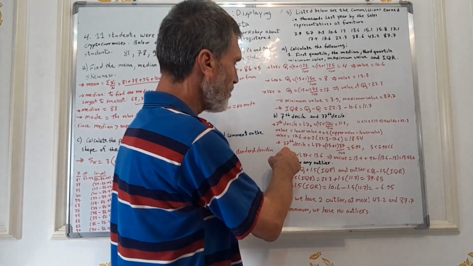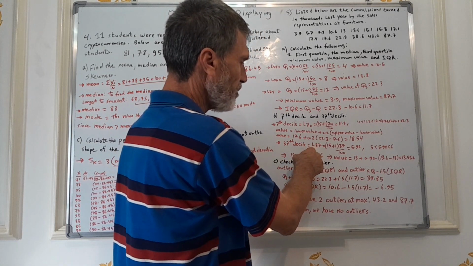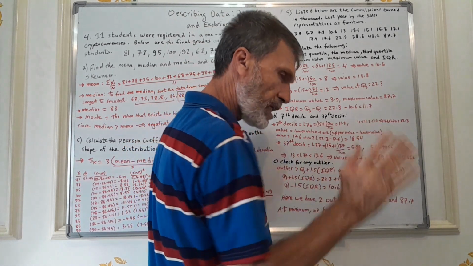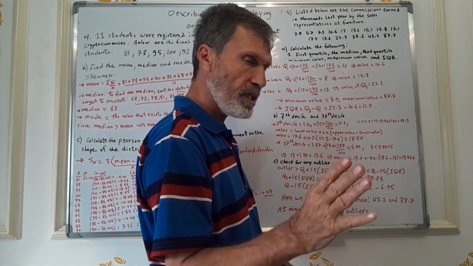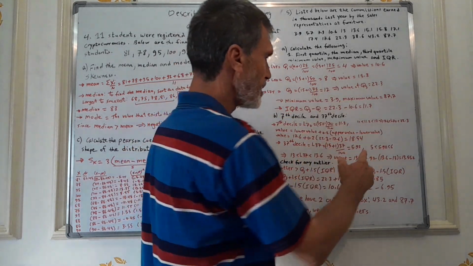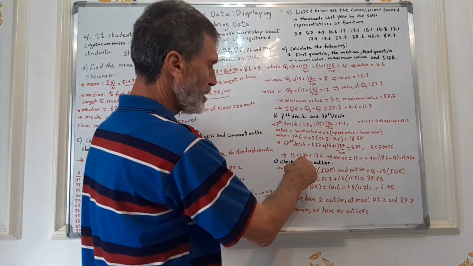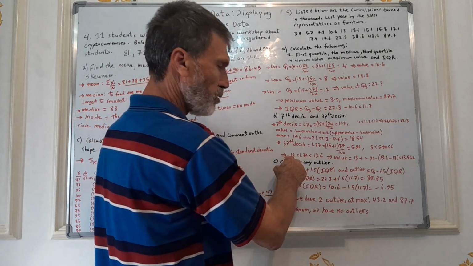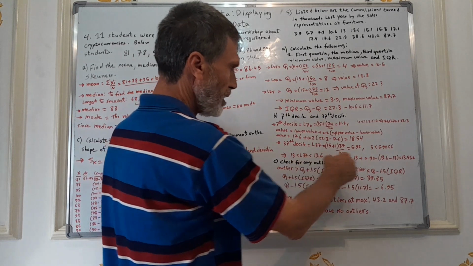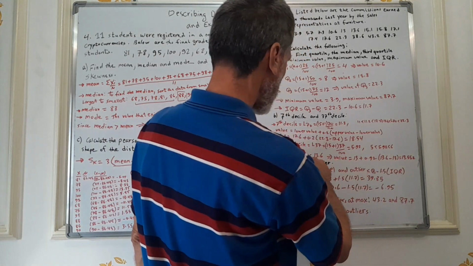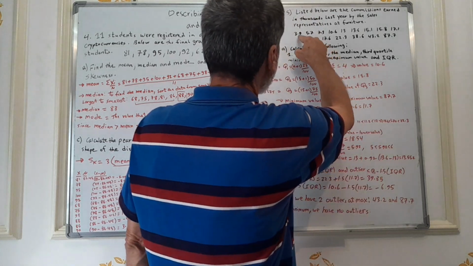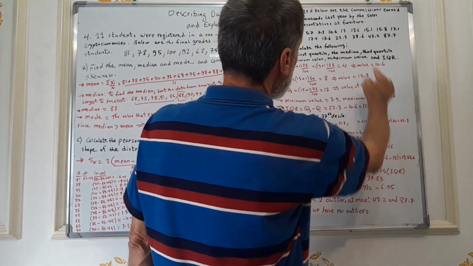What about the 37th decile, which is equal to L37? Write the formula: 15 plus 1, times 37 over 100. We get 5.92. We have a decimal here, and you know 5.92 is between 5 and 6. So the location of L37 is between the 5th and 6th values. 5 corresponds to 1, 2, 3, 4, 5, 13, and 6 is 13.6.